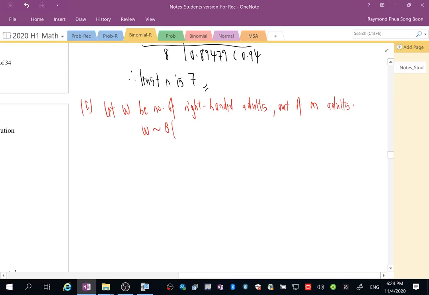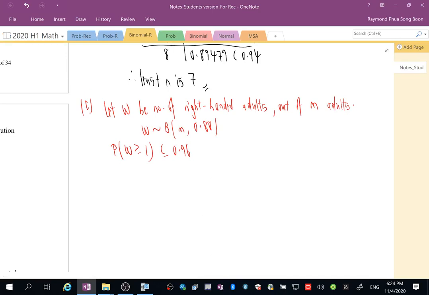Okay, so the question says we want probability W greater or equals to 1 to be at most 0.96. So the probability of at least one right-handed adult, that means probability W greater or equals to 1, is at most 0.96, means less than or equals to 0.96. Change it to the form where we can use GC.